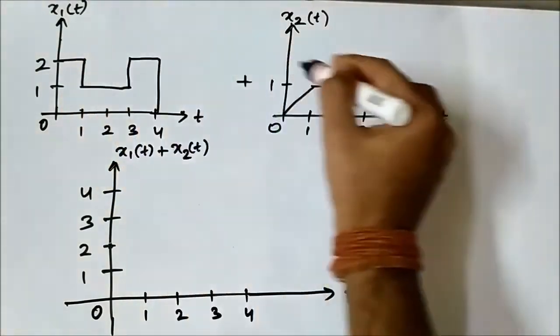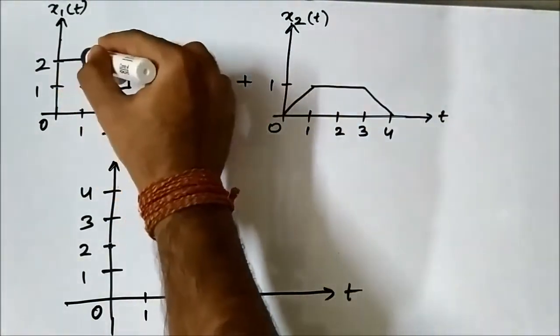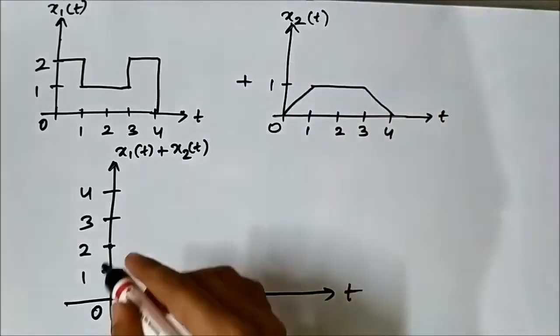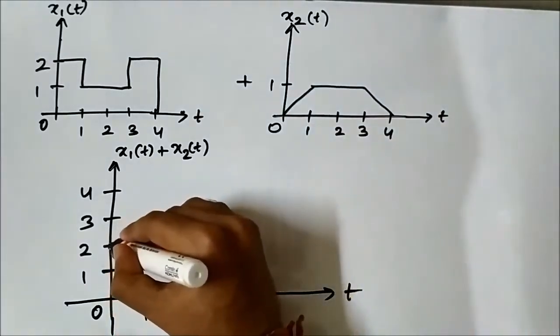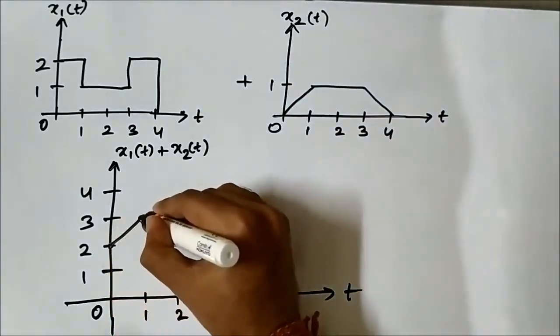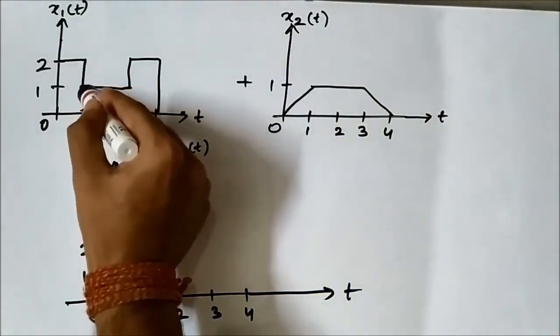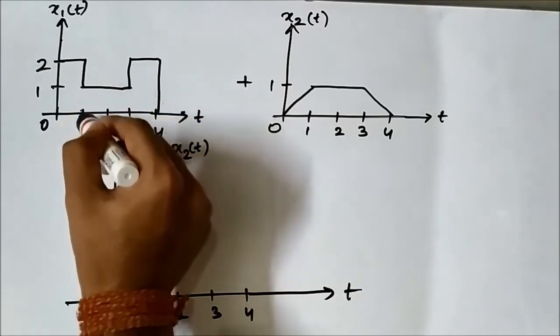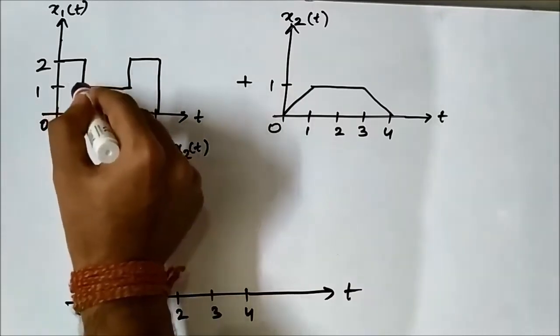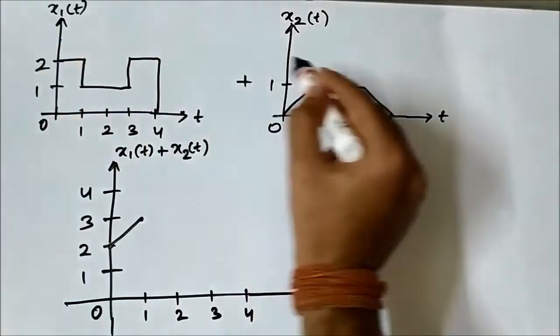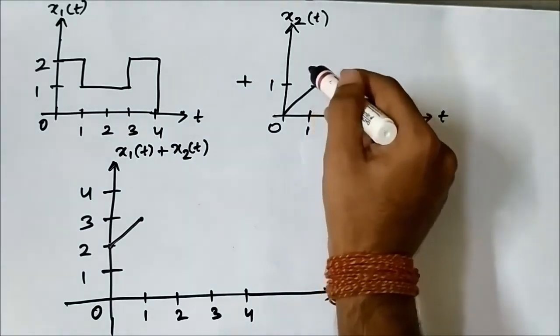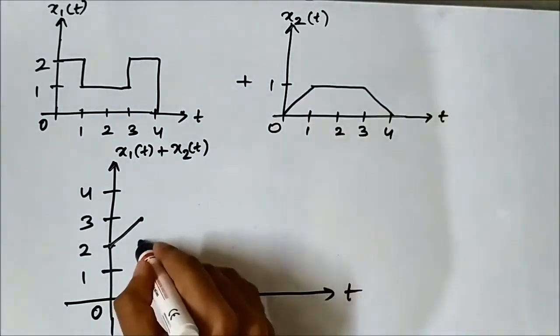Considering 2 first, the result will be 2 plus 1, which is 3. Then the value drops from 2 to 1. The final value of x1(t) at t equals 1 is 1. For that value 1, we will add it with 1, we will get 2. So there will be a drop here.